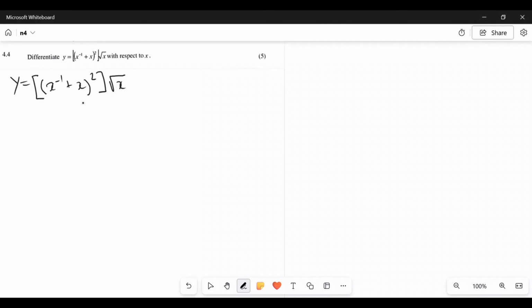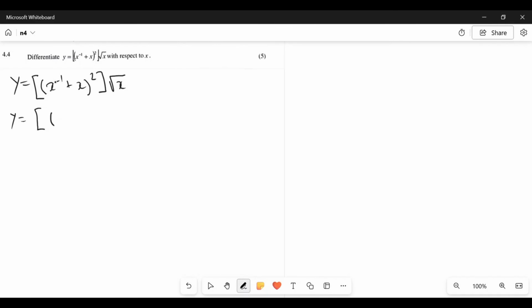As you can see, this needs us to simplify it further before we differentiate. Guys, you cannot differentiate an expression like this. You need to simplify it further. So let's start. y is going to be equal to open bracket, the outer one, and then we also have to do this one inside there.